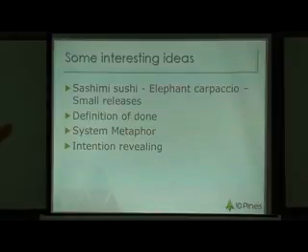That's why elephant carpaccio is, I think, the best metaphor, because you have an elephant and you want to cut it from point to point, but in a slice way. So when you are going to implement a feature, implement it from side to side, but a little feature.